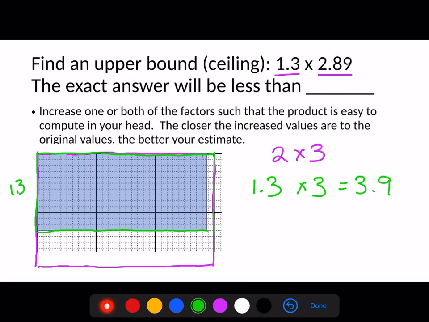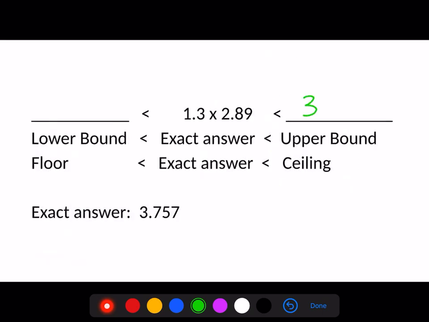And that is a pretty good estimate. I only have a little bit that I went over. So this was 1.3 by 3. So we know that our answer will be less than 3 9/10. So our upper bound was 3 9/10.